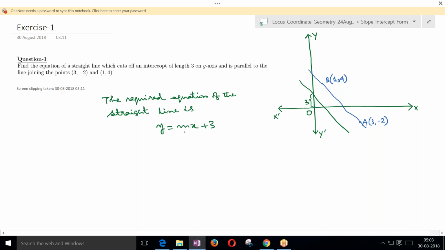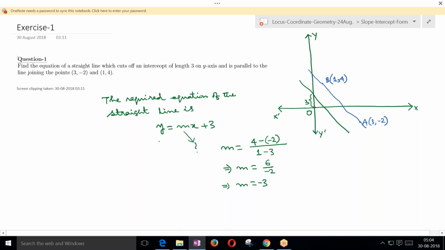Now what is the value of m? m is nothing but the difference of the y coordinates, which should be 4 minus of minus 2 divided by 1 minus 3. So m is equal to 4 minus minus 2, which is 6, by minus 2. That implies m is equal to minus 3.